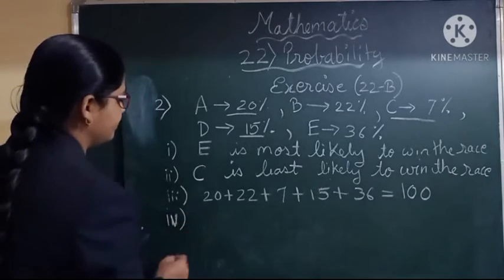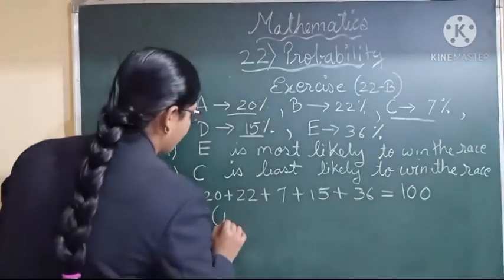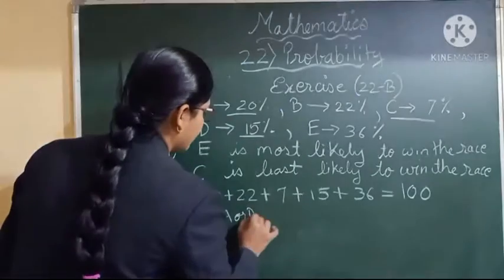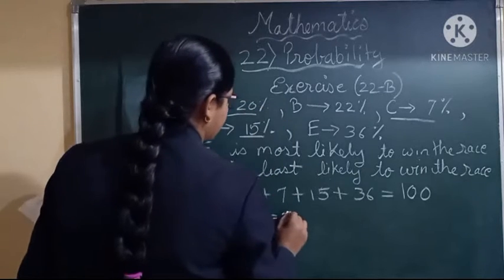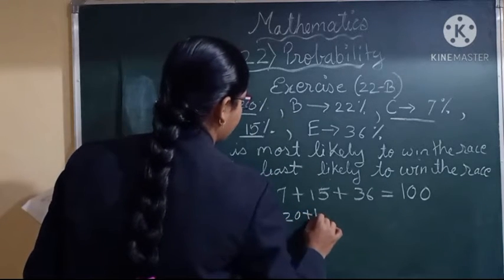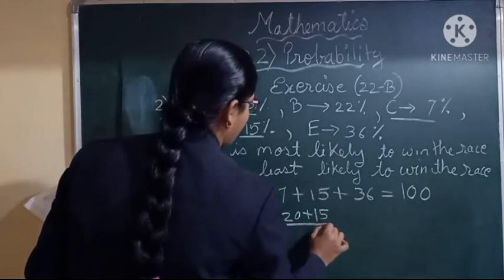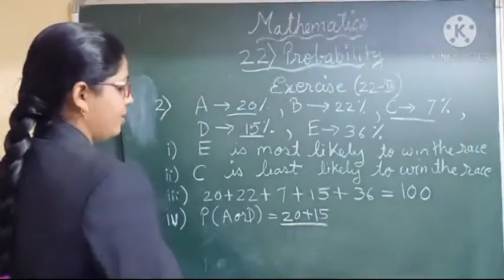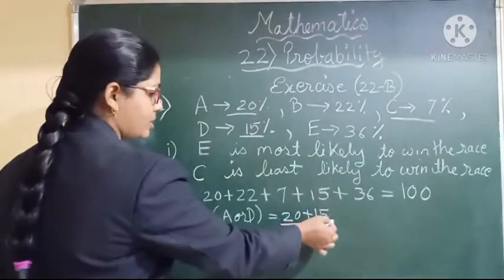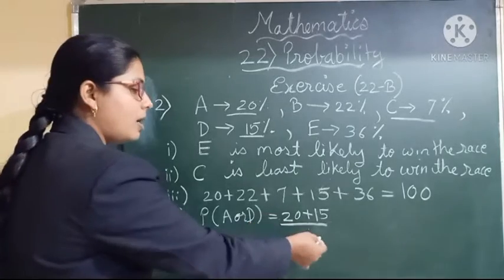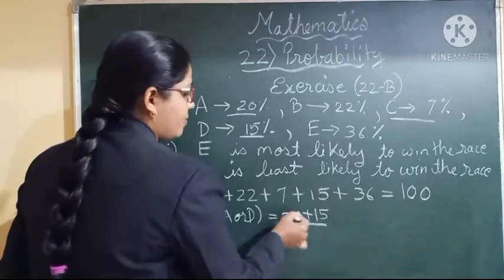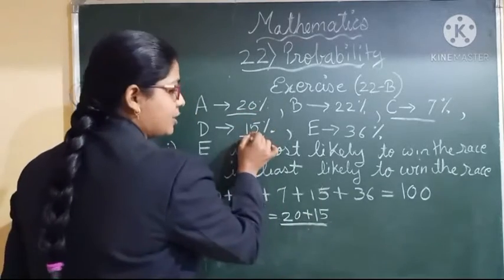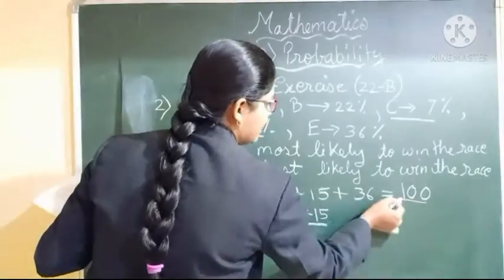Fourth, probability of A or D equals, 20 plus 15 upon the total. This is the favorable outcome upon the total outcome. Favorable is this addition and the total is 100.